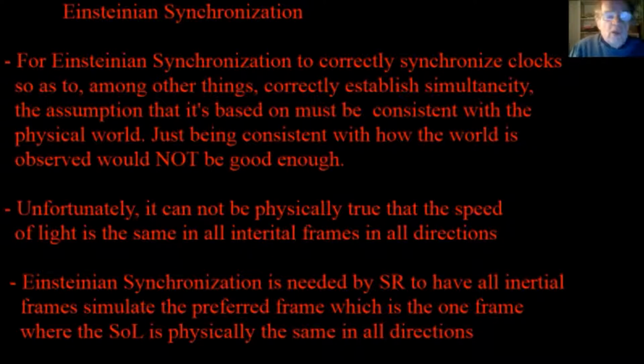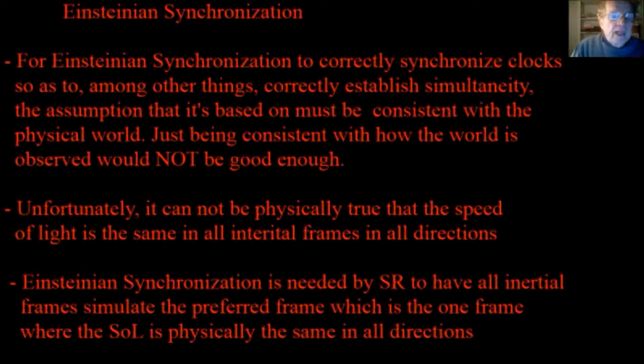I need to emphasize one more very important point about Einsteinian synchronization. For Einsteinian synchronization to correctly synchronize clocks so as to, among other things, correctly establish simultaneity, the assumption that it's based on must be consistent with the physical world. Just being consistent with how the world is observed would not be good enough.